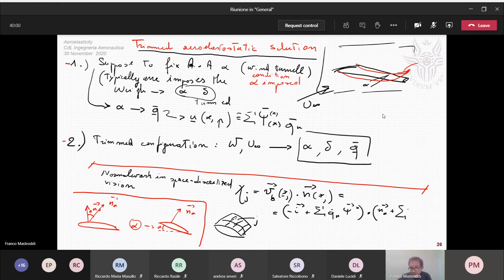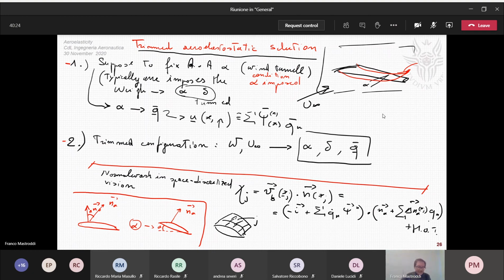And so we have delta n alpha, if you remember, a vector quantity evaluated in the xj panel, by the modal coordinate qn. And then higher order terms, we don't consider these higher order terms.